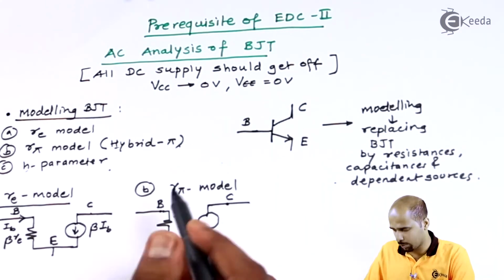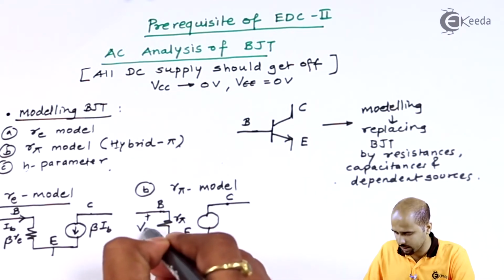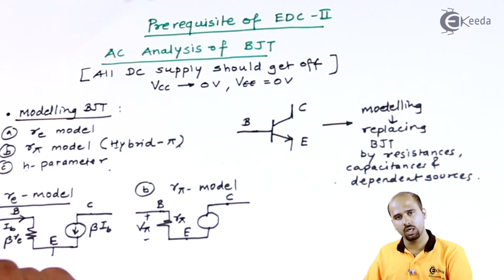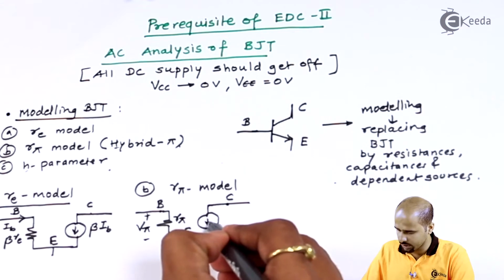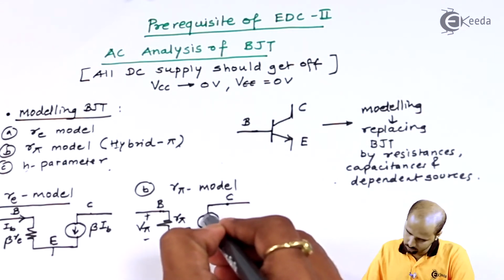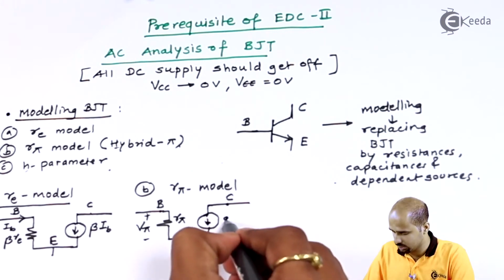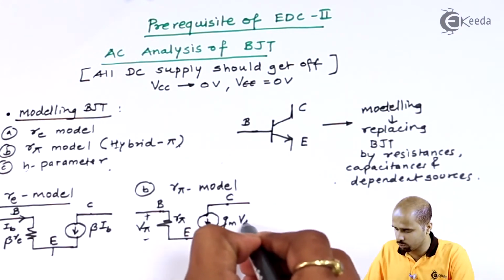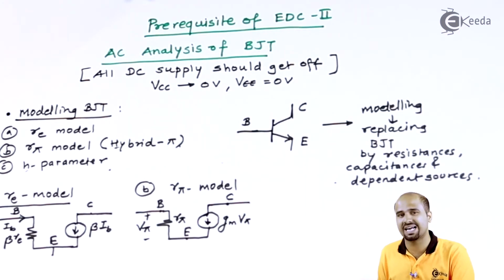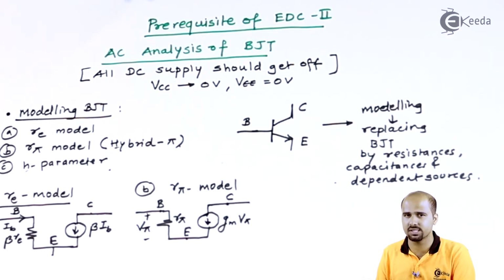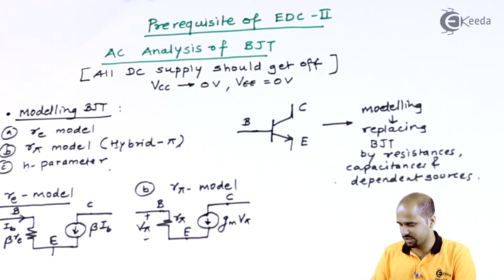The voltage across RPi is Vpi. The current flowing through this dependent source is Gm into Vpi, where Gm is your transconductance. Trans for transfer, and conductance is the inverse of resistance.